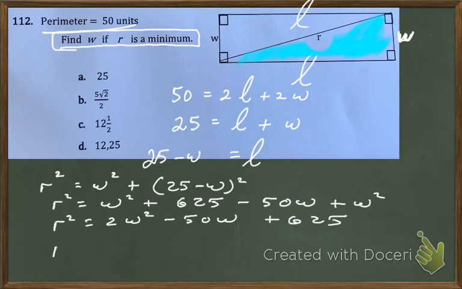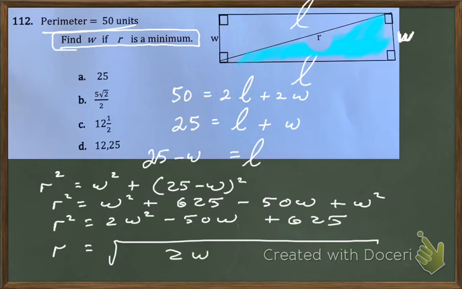Now, let's quickly write this expression in terms of R. R will be equal to the square root of 2W squared minus 50W plus 625. And you see, if you go back to the question, for R to be a minimum, you need to look at the right-hand side here.